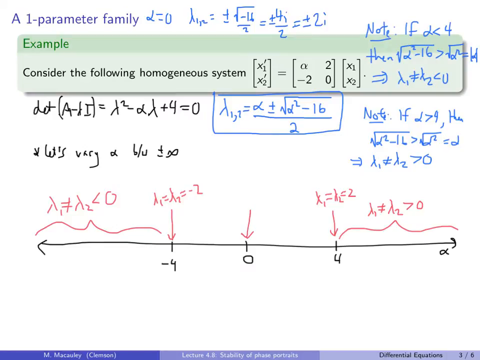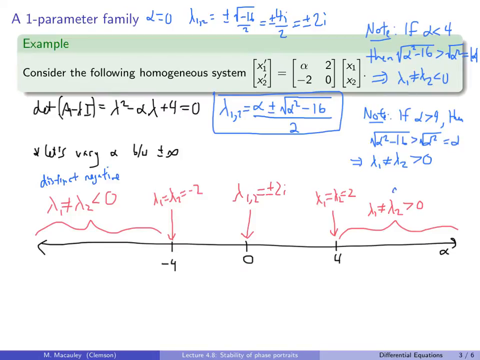So in this case, lambda 1 and lambda 2 are plus or minus 2i, and this is when we have purely imaginary roots. So let me say up here, this is distinct, D-I-S-T-I-N-C-T, distinct negative.